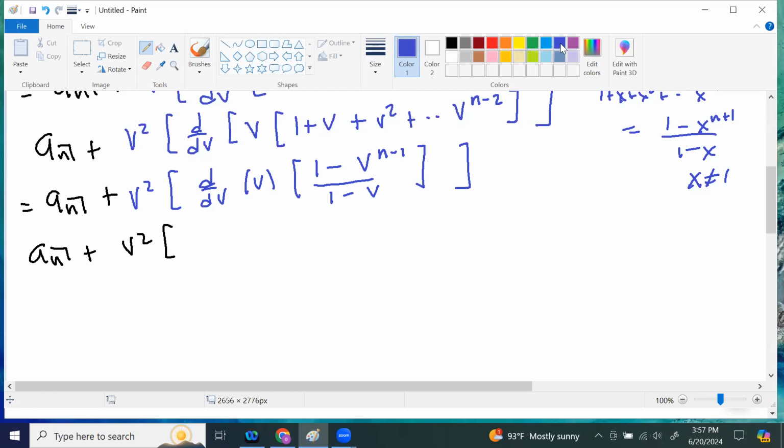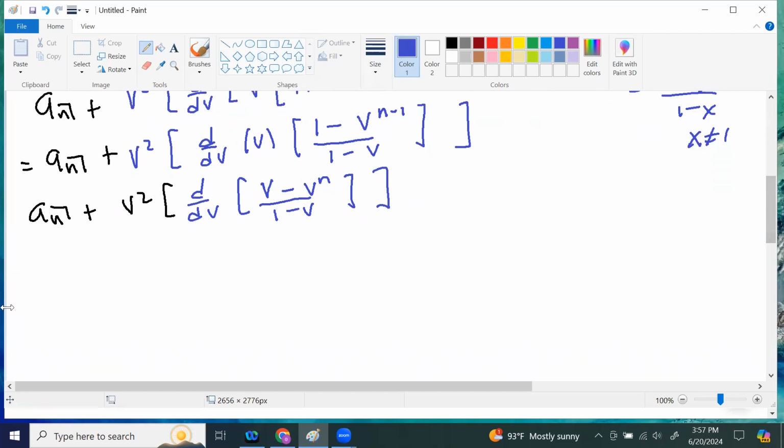I'm going to now distribute the v. You could, I guess, if you're a glutton for punishment, use the product rule for derivatives, but I'm not going to. So I'm going to write this as (v minus v^n) divided by (1 minus v). And there you go. That's something we were going to do. We're going to use the product rule. I mean, not product rule, the quotient rule.